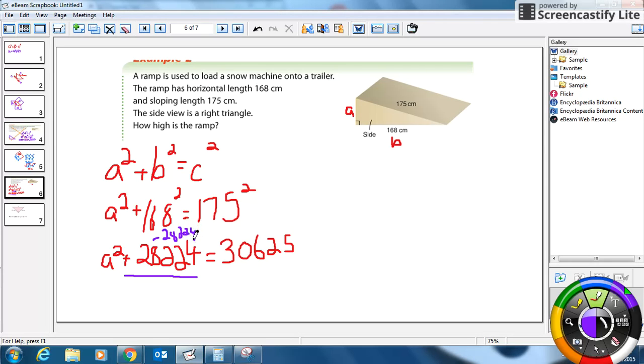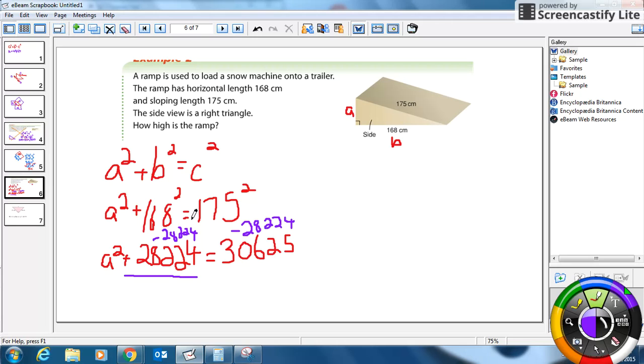Now we can't just magically do that. The reason we can subtract it from this side to get rid of it is because of this equal sign. Basically, when you have an equal sign, whatever you do to this side, as long as you do the exact same thing to the other side of the equal sign, it all works out. So we're saying we want to subtract 28,224 from both sides. And that's cool.